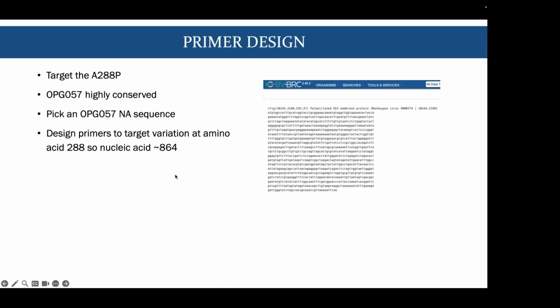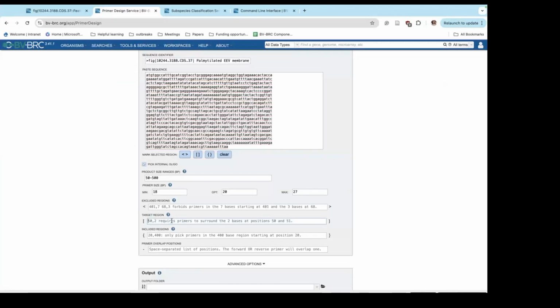As I mentioned, for this example we're going to target around 864. And so that will be the position that you're interested in, and how many base pairs around it. So we'll do 864,5.